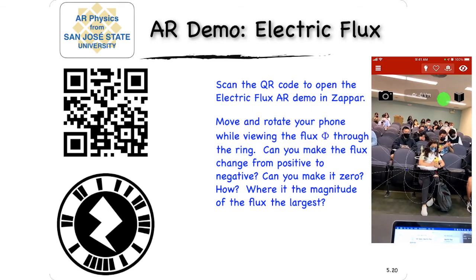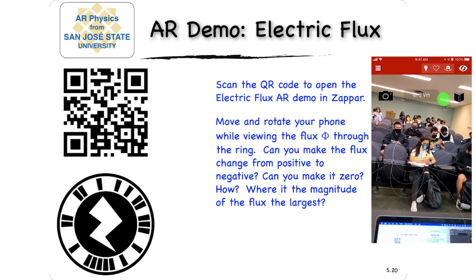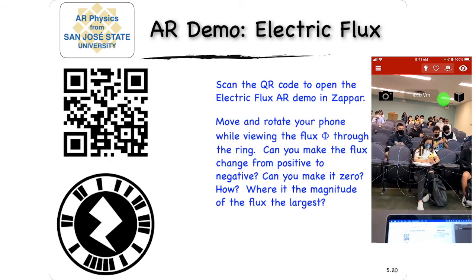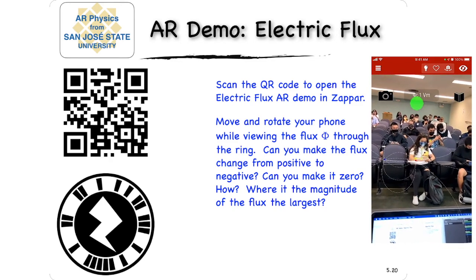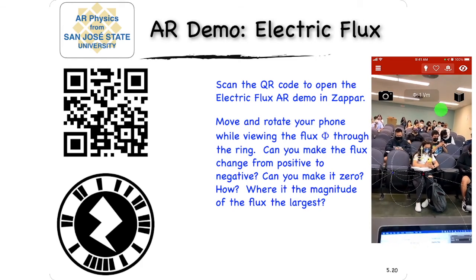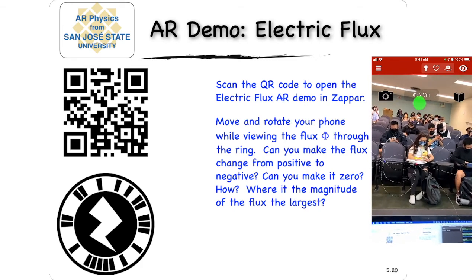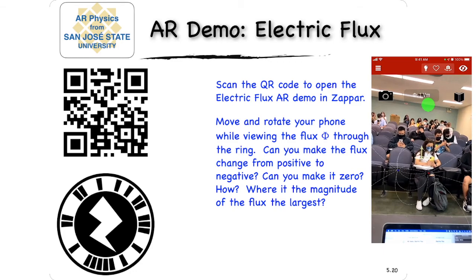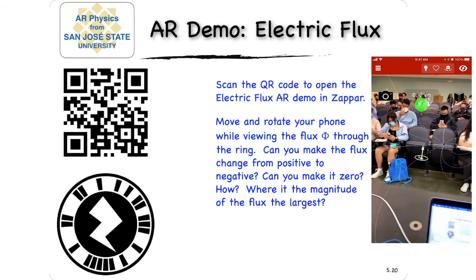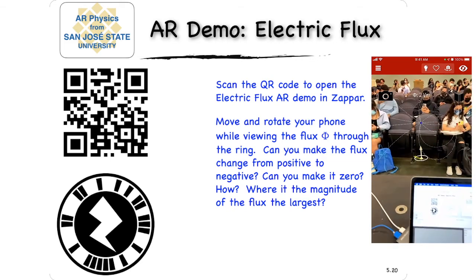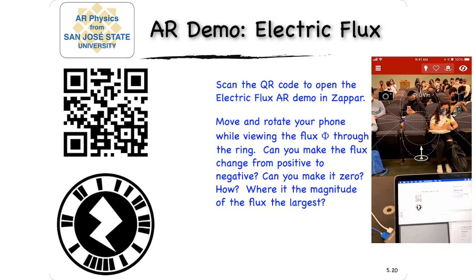So see if you can work out the relationship between the strength of the field and the orientation of the field. See if you can make this number go negative, and think about what that means. How do you make it go negative? What does it mean for it to be positive, and what does it mean for it to be negative? I'll give you a couple minutes to play with that, and then we'll discuss.